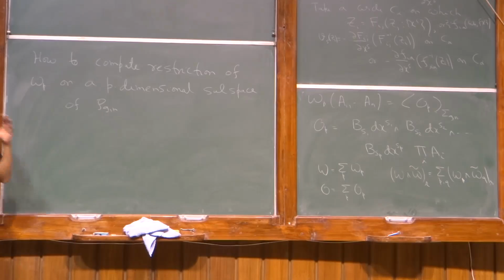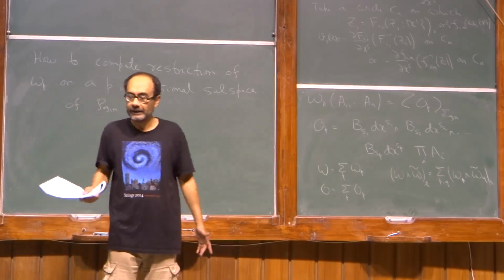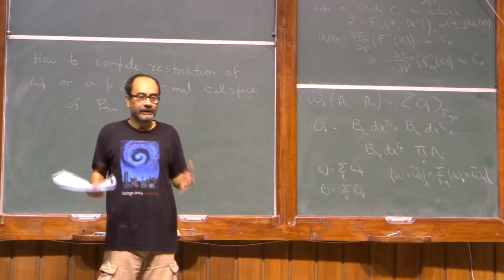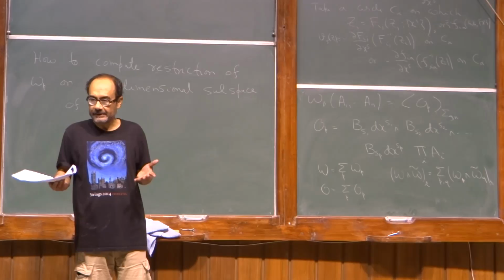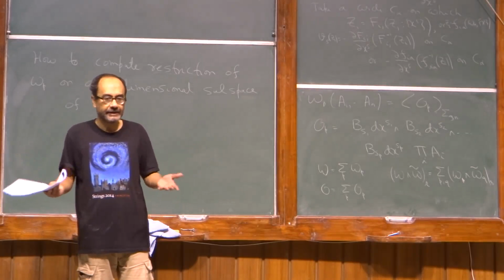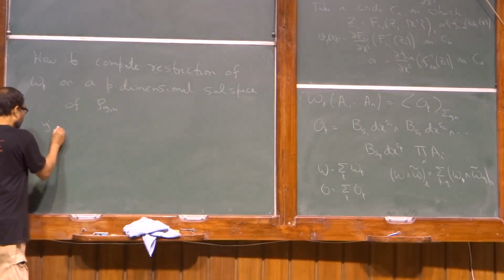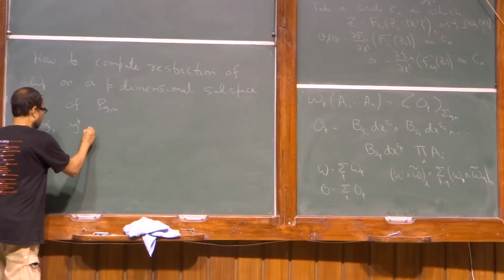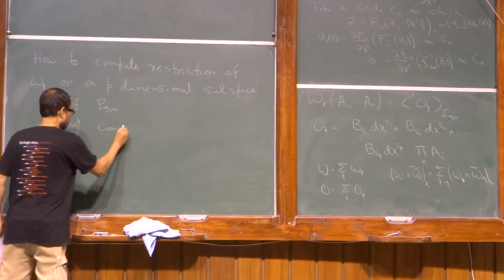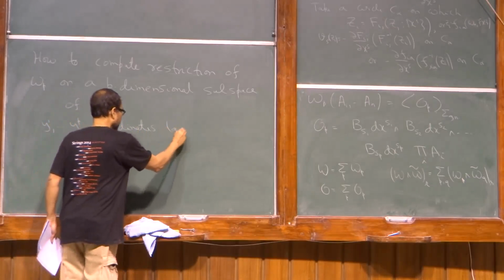Now, what does it mean to give a p-dimensional subspace of PGN? It means that we have some intrinsic parameters, p intrinsic parameters, y1 to yp, which are the coordinates on the subspace.